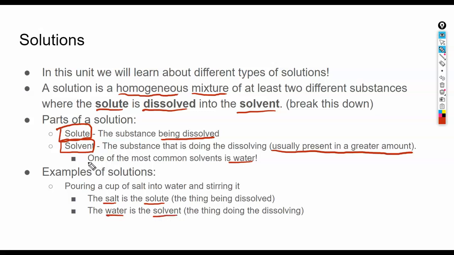Again, one of the most common solvents is water. A lot of the solutions we'll talk about have water as the solvent. So that's basically what a solution is. Make sure you have all of this filled out in your notes, and then we will move on to the next slide.